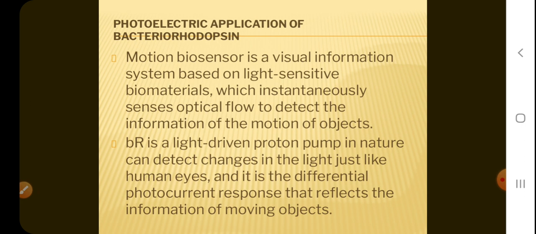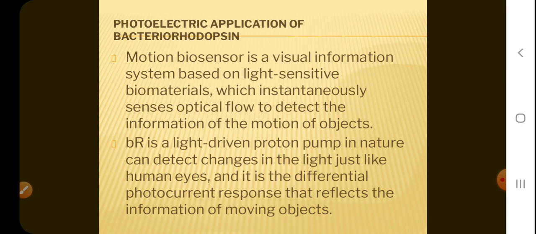What is a motion biosensor? It is a visual information system in which light sensitive biomaterials such as bacteriorhodopsin are incorporated, and it can sense the optical flow to detect the motion of objects. As the name suggests, motion biosensors are sensors which detect the movement of an object.